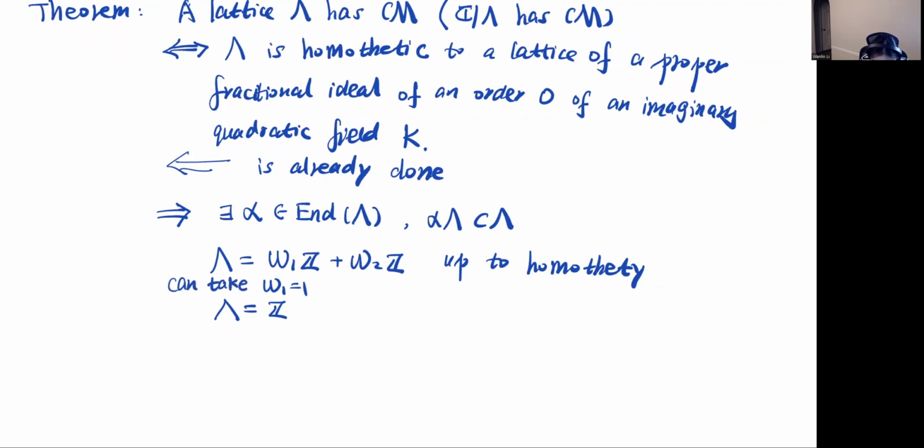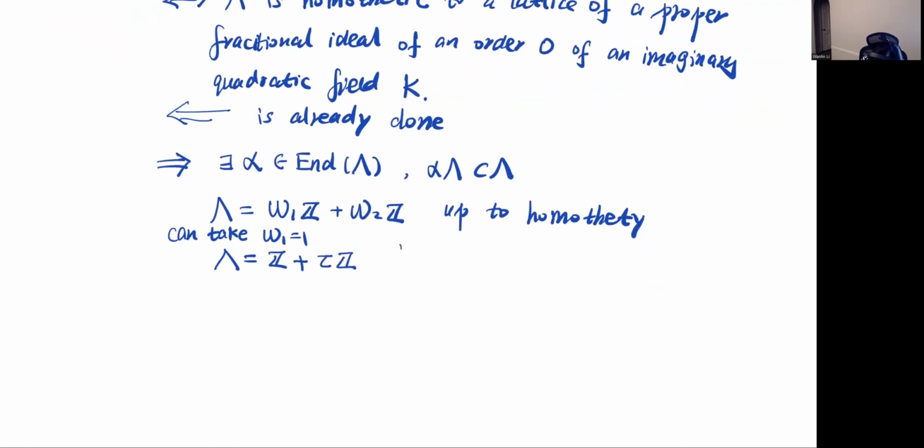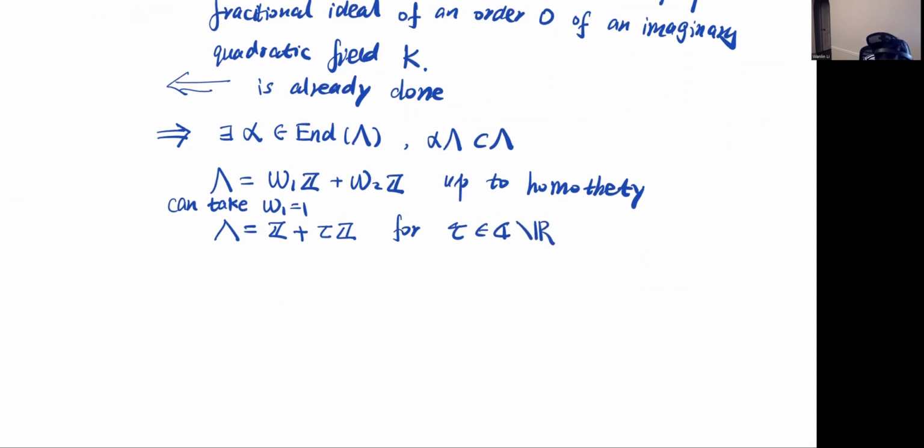So lambda can be given by Z plus tau Z for some tau in C, not in R.